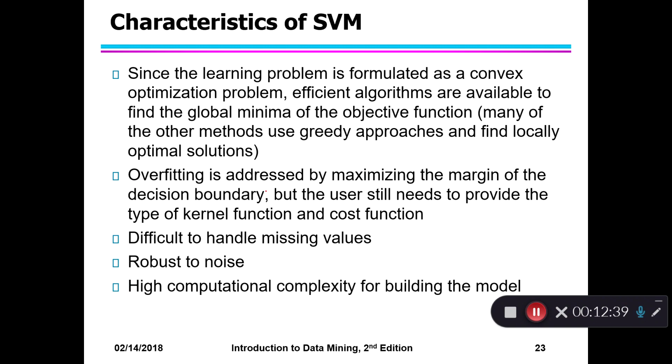It is difficult to handle missing values in this case. It is robust to noise, and has high computational complexity for building the model. Those are the characteristics of the support vector machine.